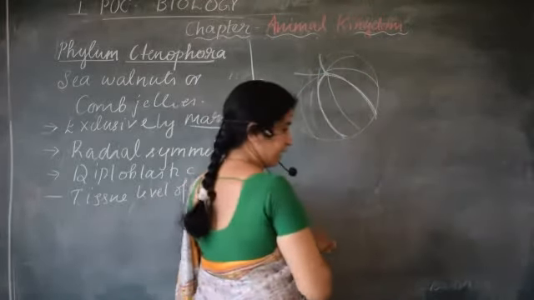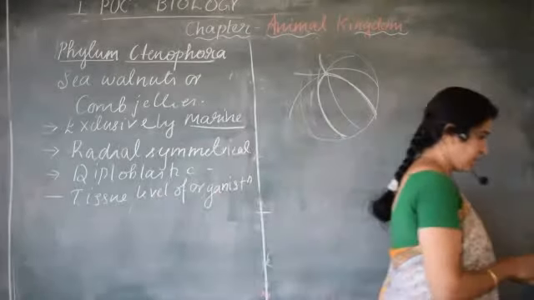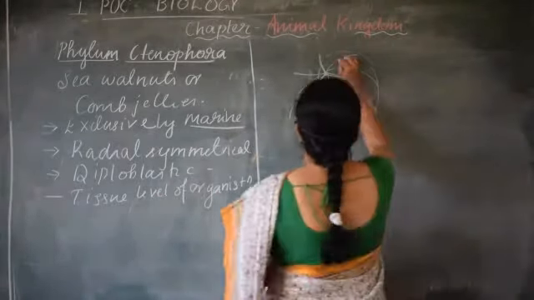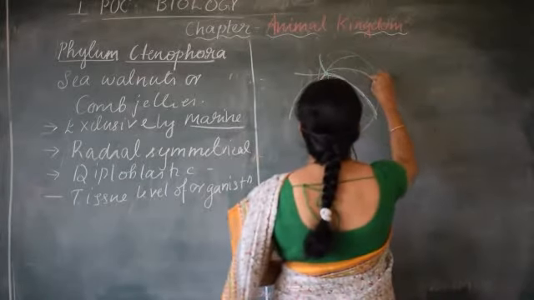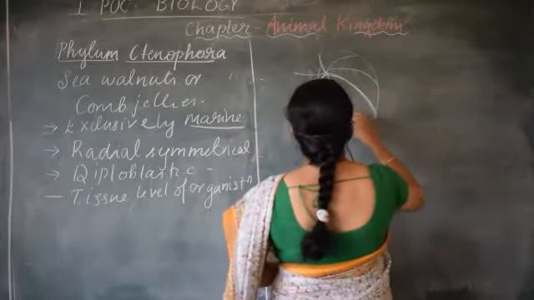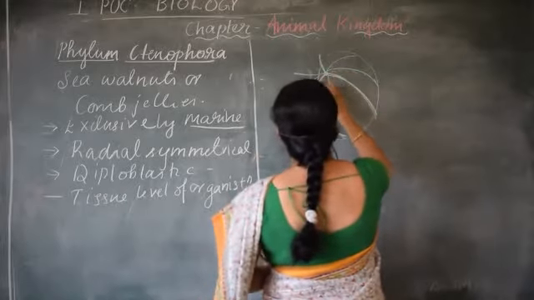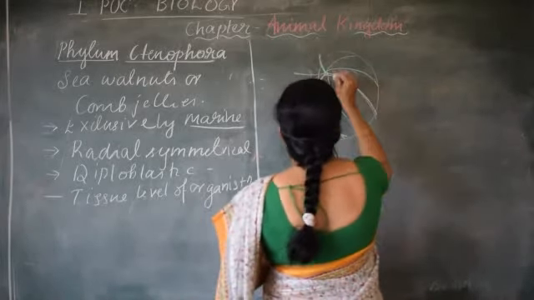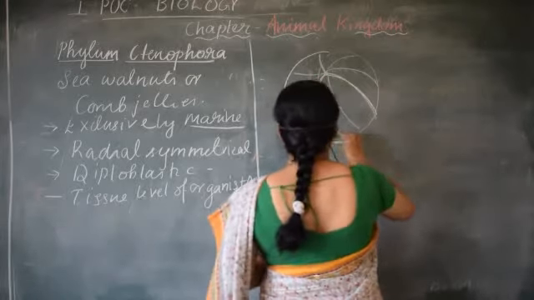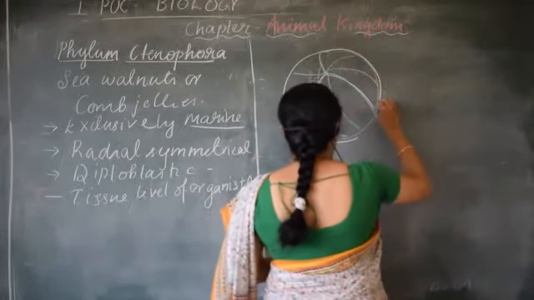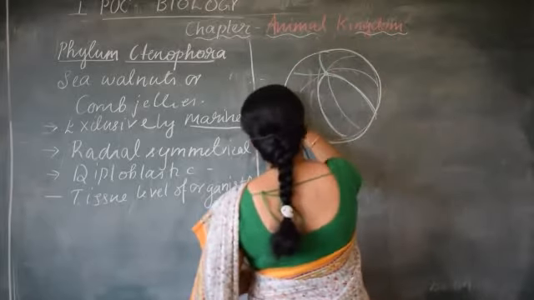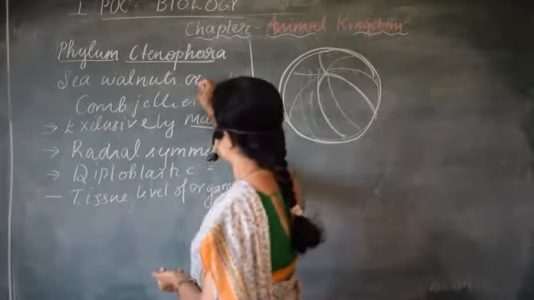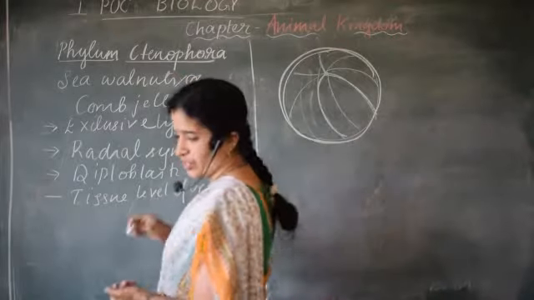It also has cilia-like structures in that, and these cilia-like structures help for their movement. Because of the presence of these 8 rows of ciliated comb plates, it is known as sea walnuts or comb jellies.